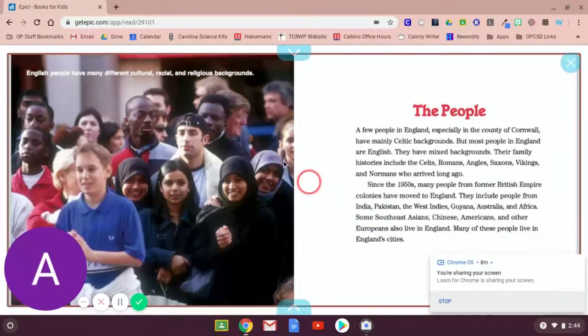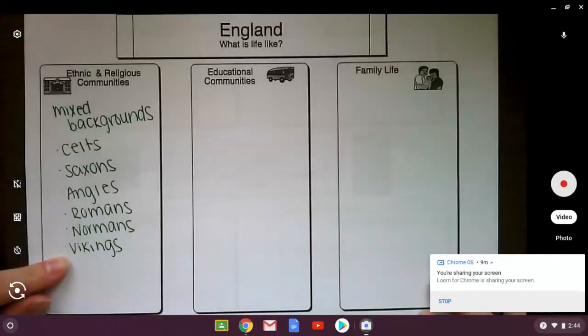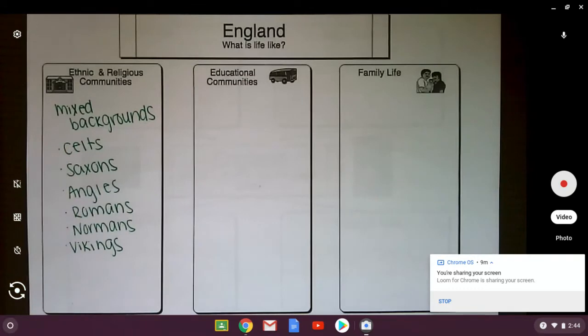Okay, so this whole list of people, but this caption really summed it up nicely. English people have many different cultural, racial, and religious backgrounds. All right, many different cultural, racial, and religious backgrounds. And we pretty much summed that up. We said mixed backgrounds, and then we named a few. So I think we are all set for this portion.